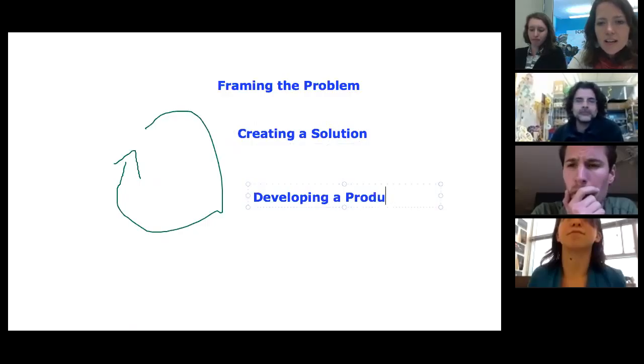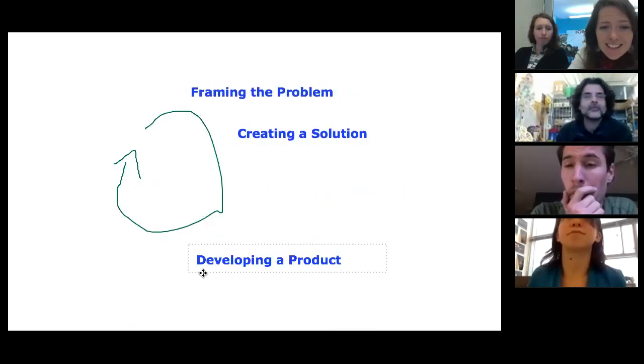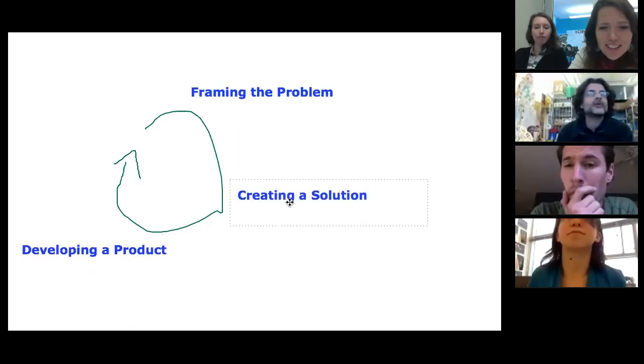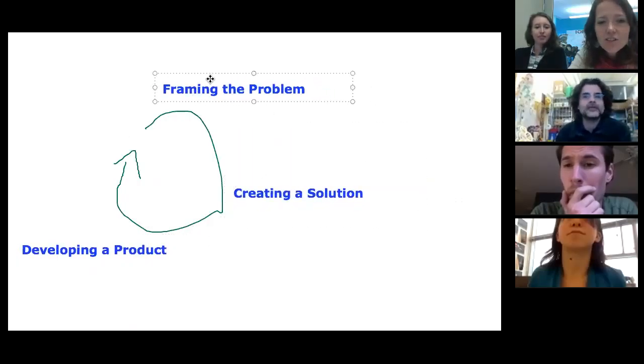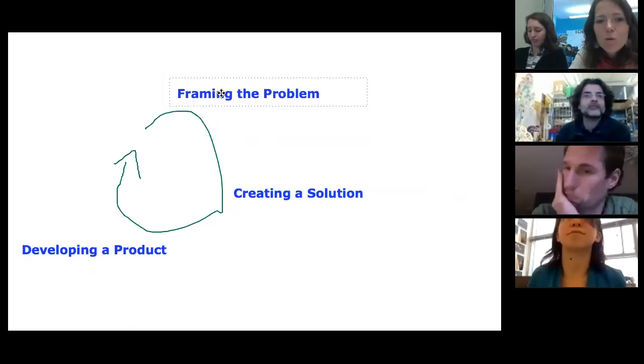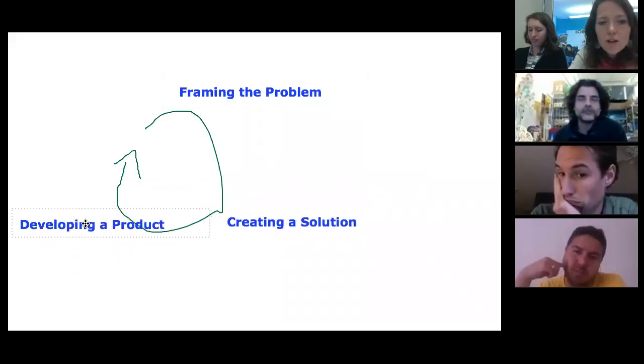Now, at an IDDS, I think we all know, especially for the curriculums that I have seen so far, let me see if I can move these. Hold on just a second. So this is my rough drawing, but it gets you an idea of how there's the iterative process, and some information gathering happens while we're framing the problem, also while we're creating the solution and developing a product.